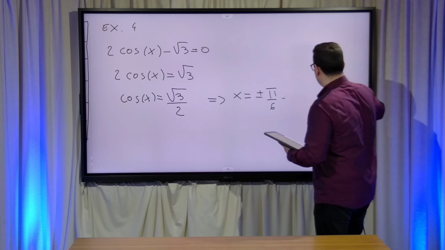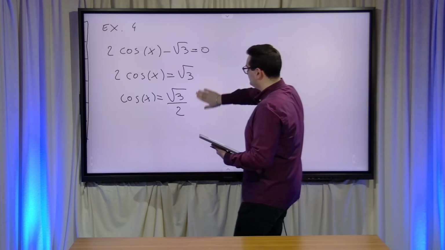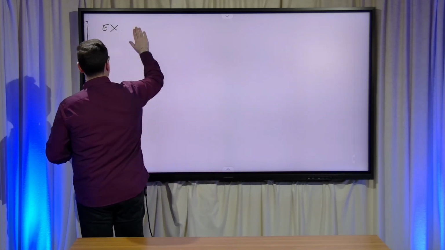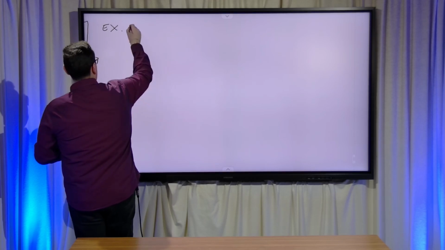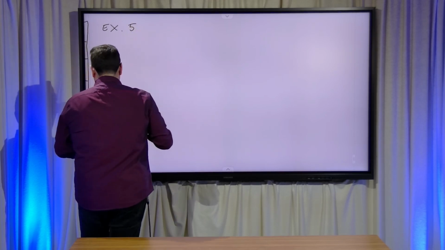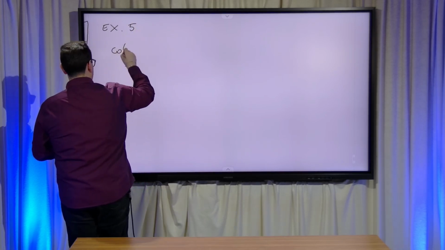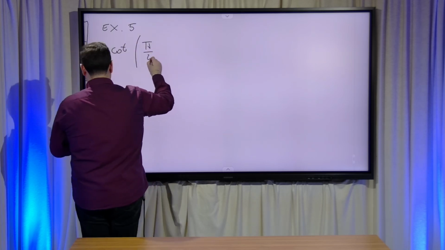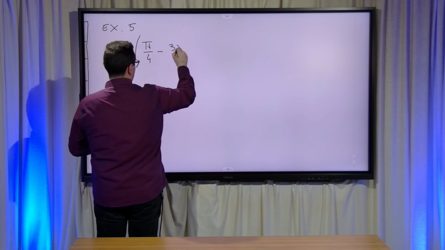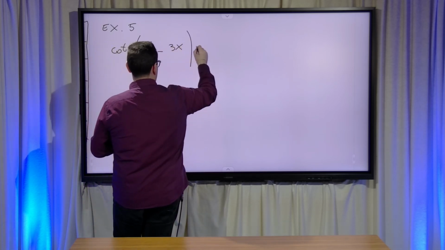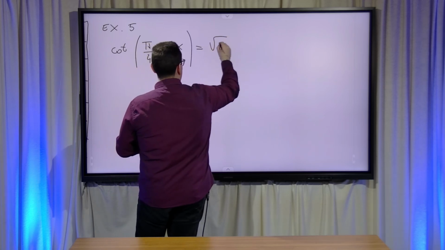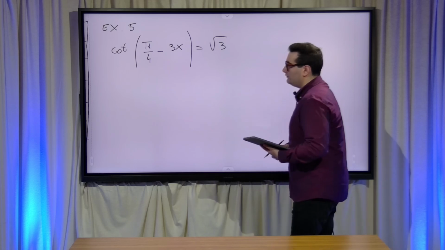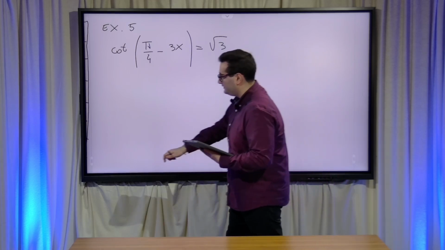Okay, let's move on to the next exercise. The next one is cotangent of pi over 4 minus 3 times x equals square root of 3. Now, we can solve this equation with a little trick.